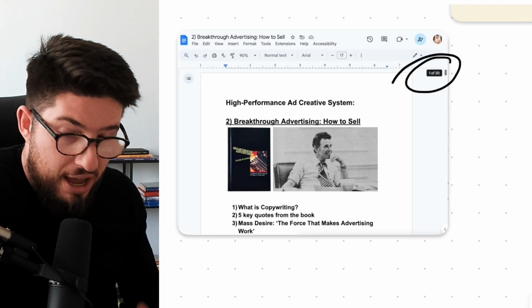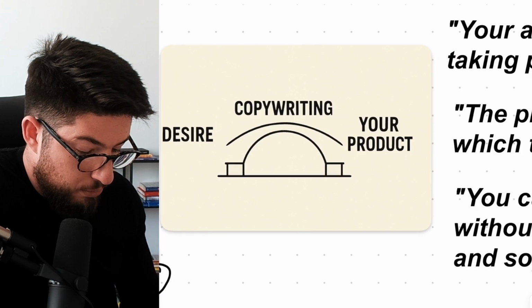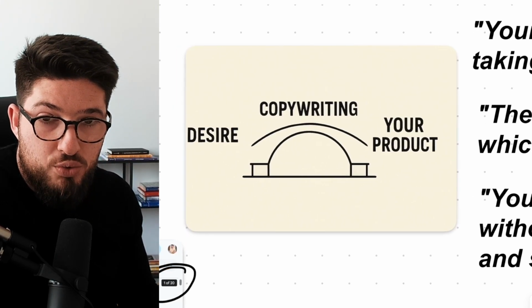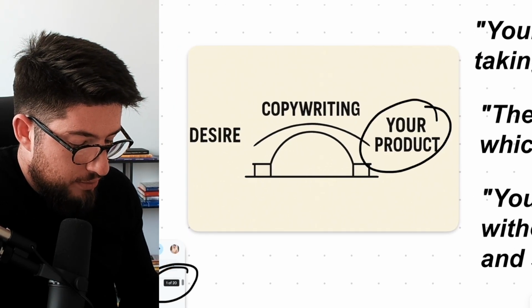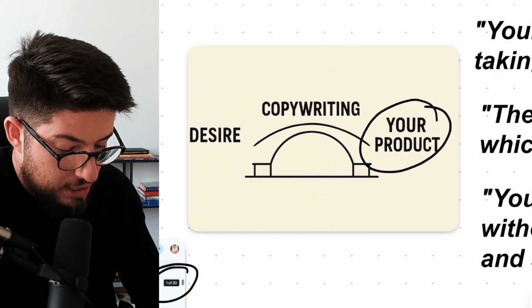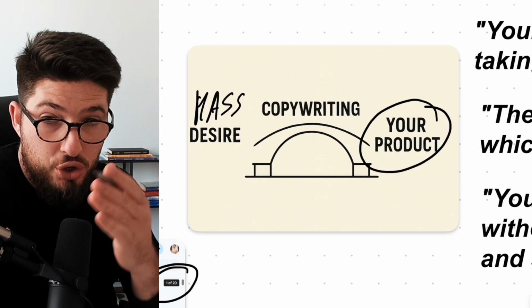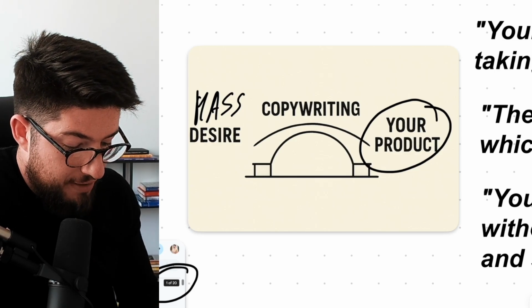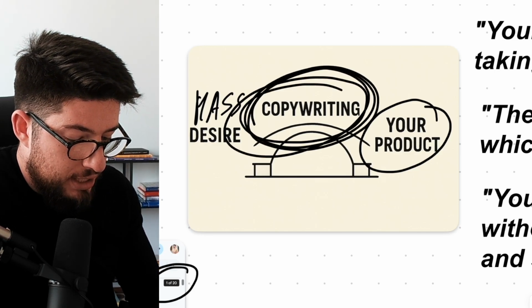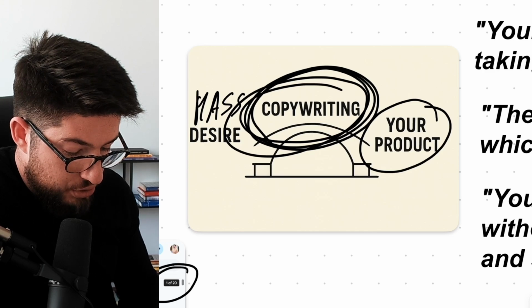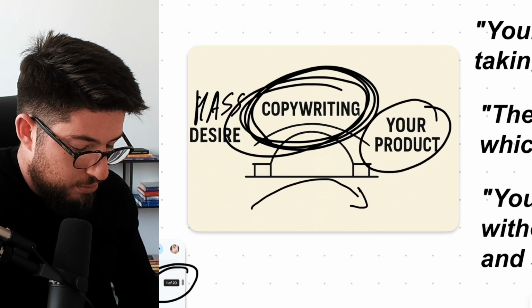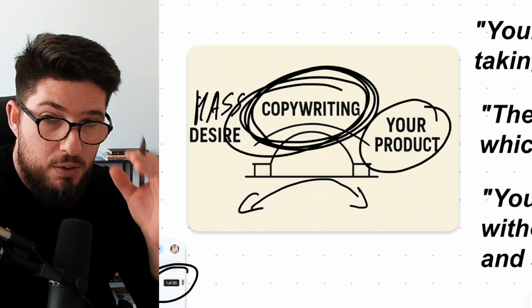Amazing module, but if I had to summarize it here for YouTube, this will be basically the image, right? So you've got to understand your product, the mass desire that's existing in your market, and then develop a copywriting strategy to bridge from the desire to your product. And we're gonna see how now.